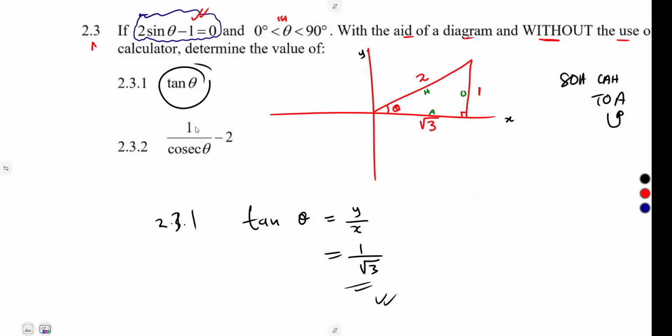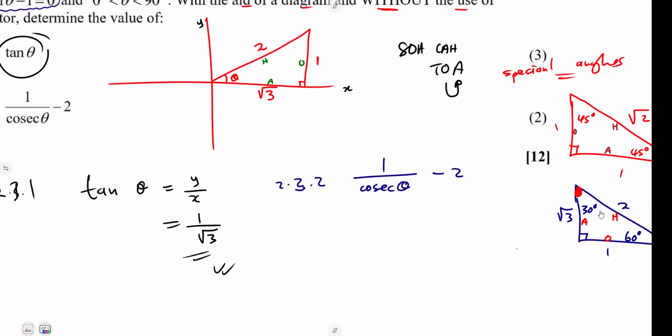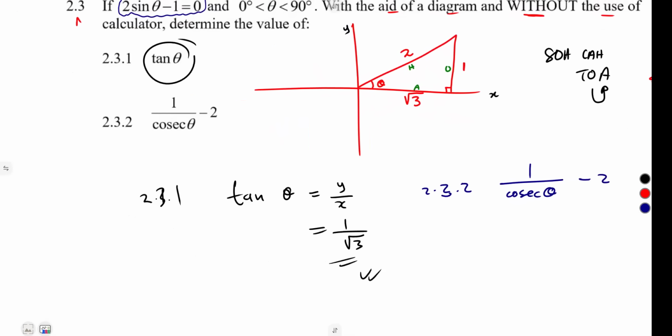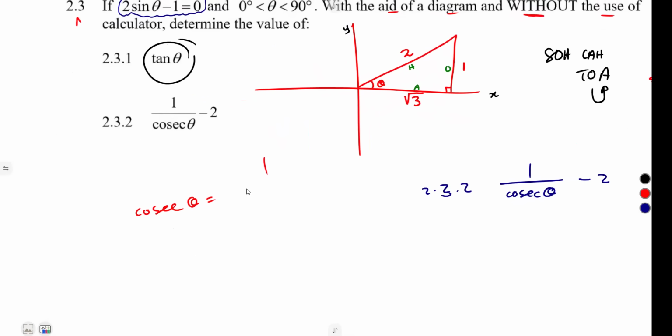All right. Then 2.32, 1 over cosec theta minus 2. All right. Remember, when we have got a cosec, the cosec of theta is taken from 1 over the sine of theta.